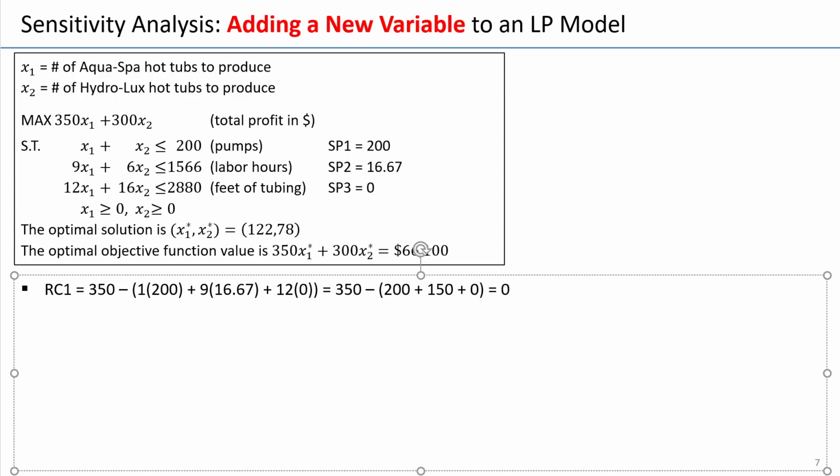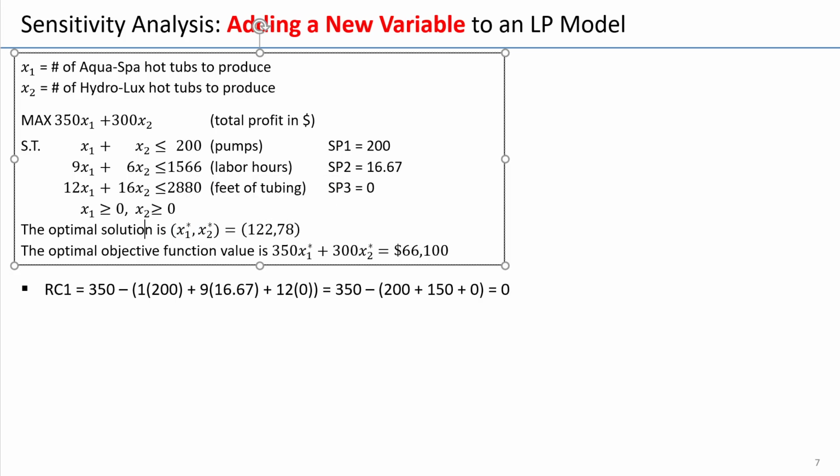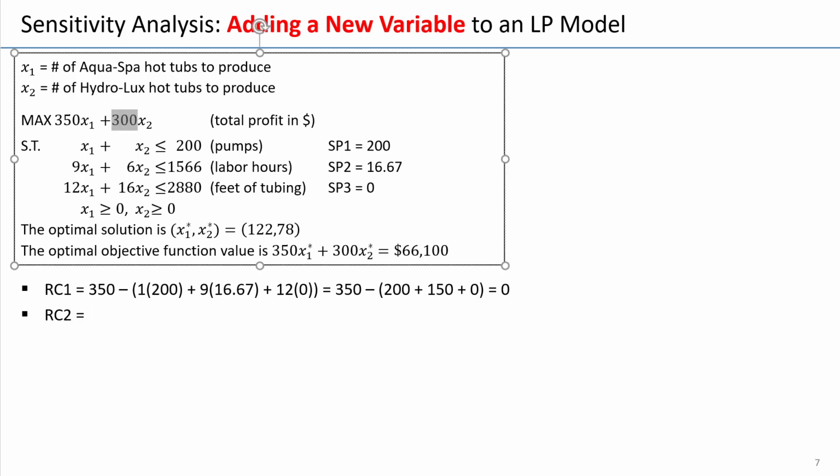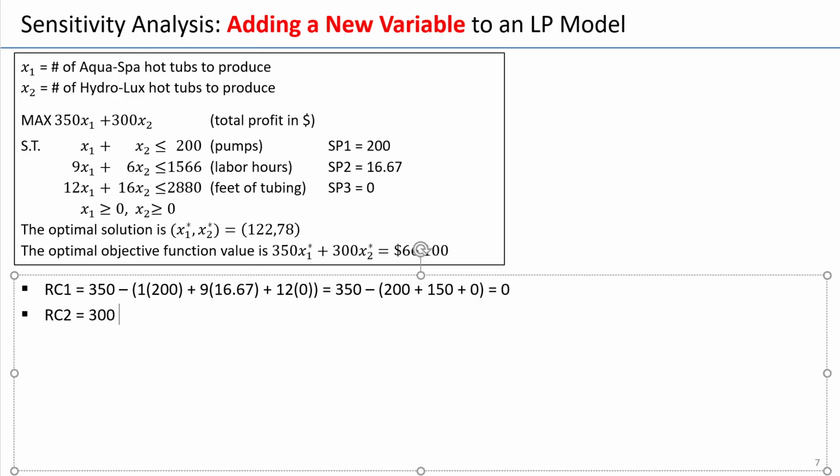And if you recall, when we were solving this problem earlier for sensitivity analysis questions, we had reduced cost for the first variable, 0, and then reduced cost for the second variable is very similar, right? The objective coefficient is now 300 minus, and then actually I can copy this part because shadow prices will be the same, but resource consumptions might be different.